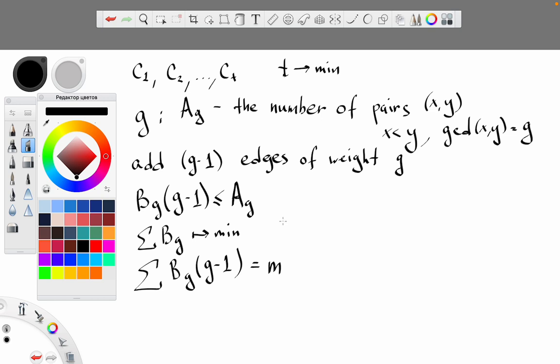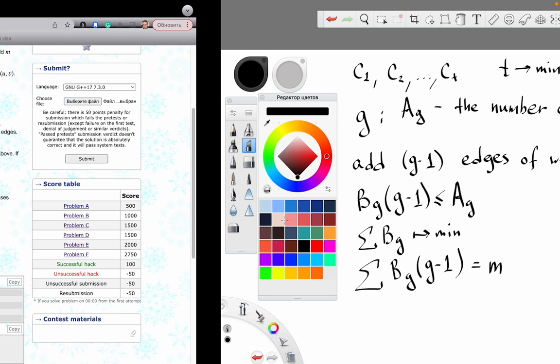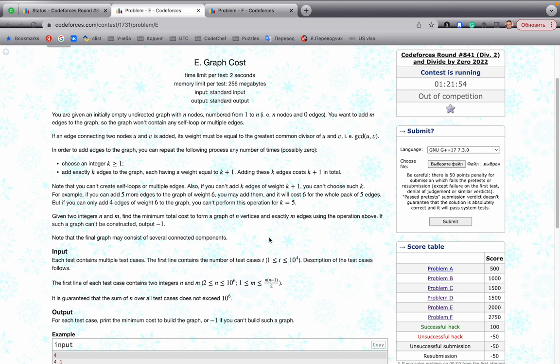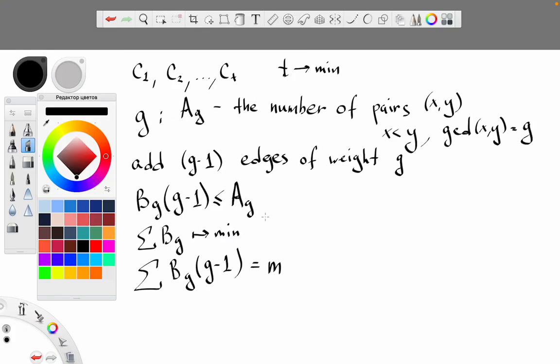Okay, so the sum of n is actually bounded. Can we just find all AJs? How fast can we find them?